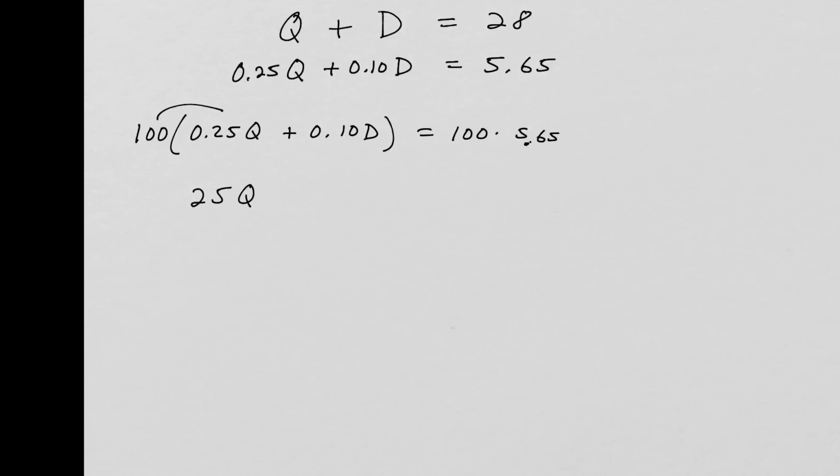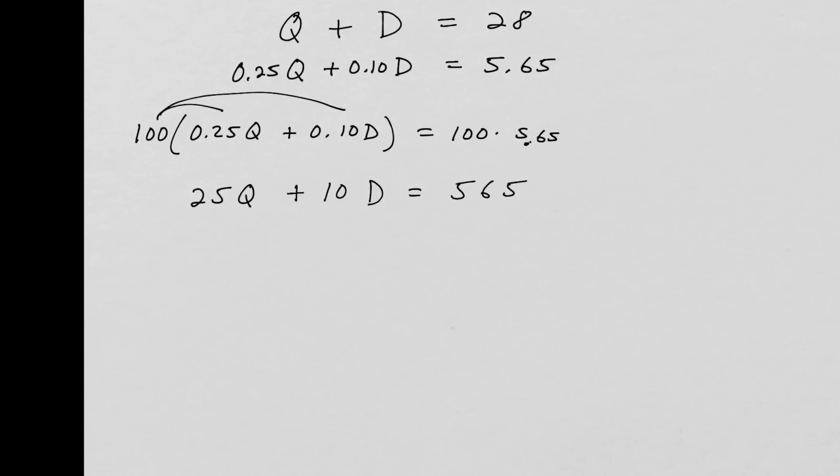I would just move the decimal 2 places to the right. And then 100 times 0.10d is the same as 10d. And then 100 times 5.65 is going to be 565. Okay, so that just cleans up everything. We don't have to worry about the decimals anymore.